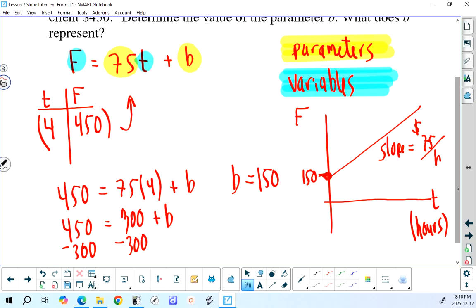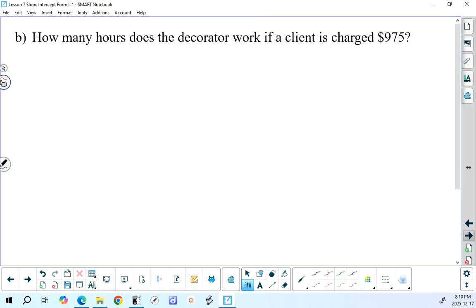So what does the y-intercept represent? It represents the decorator's flat fee. It doesn't matter whether they're called out to your house and you spend 1 minute there or 10 hours there, everybody's going to pay that $150. And then on top of it, you're going to pay $75 per hour that the decorator is there.